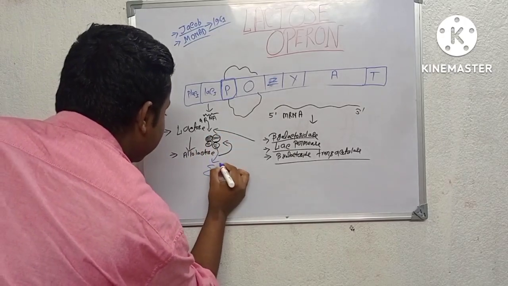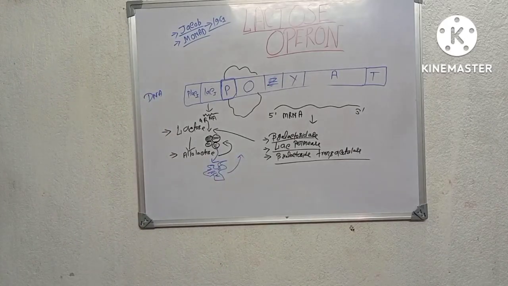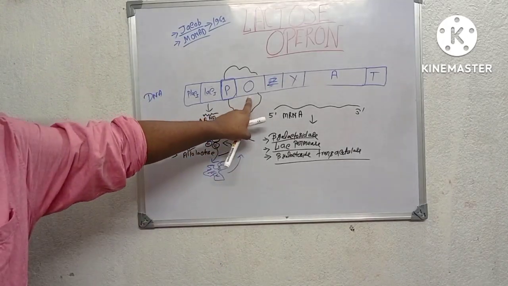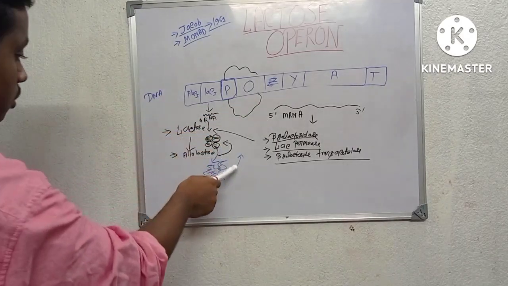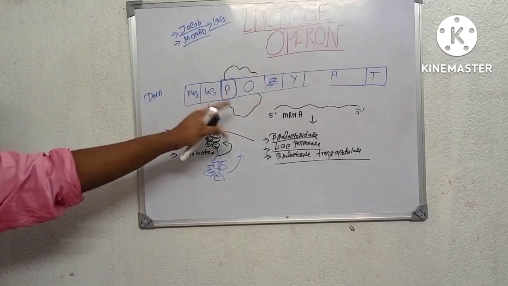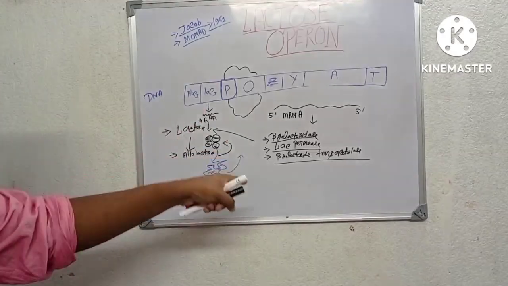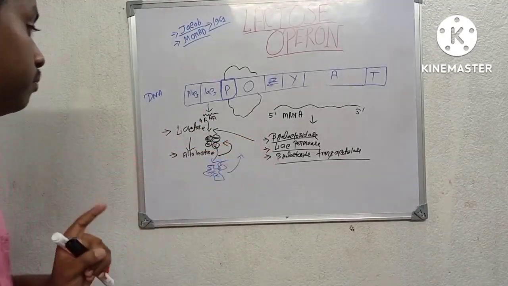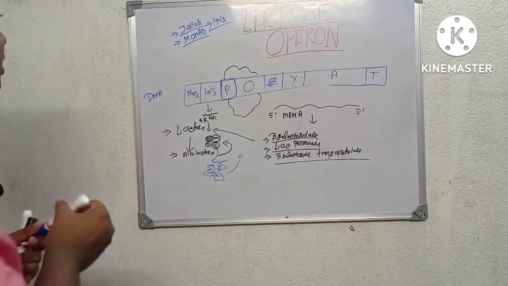The repressor protein's shape gets altered, so it is no longer able to bind with the operator region. So RNA polymerase can bind, these genes will be transcribed, and ultimately the 3 enzymes will be produced. But one important thing about that: suppose this is an E. coli cell.